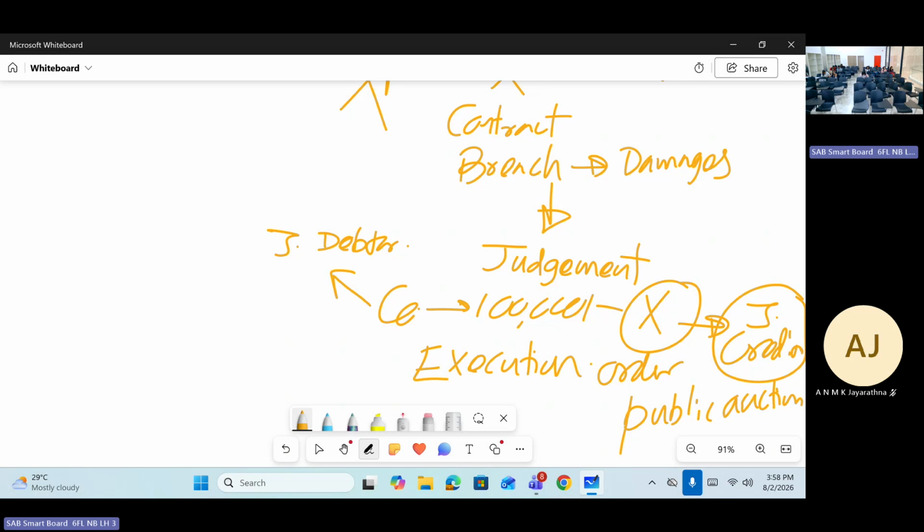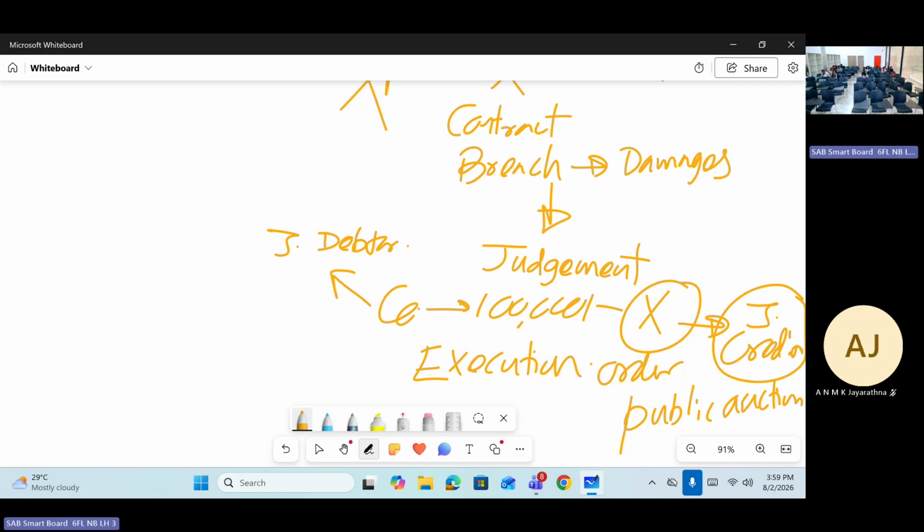But suppose there is nothing to seize, and there are no sufficient assets, so the execution order cannot be executed. Those debtors have no sufficient assets to meet the execution order.